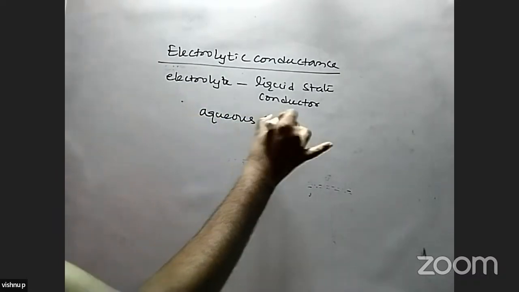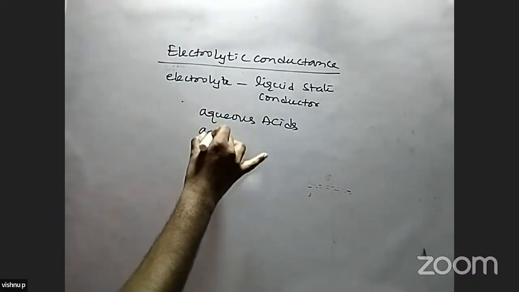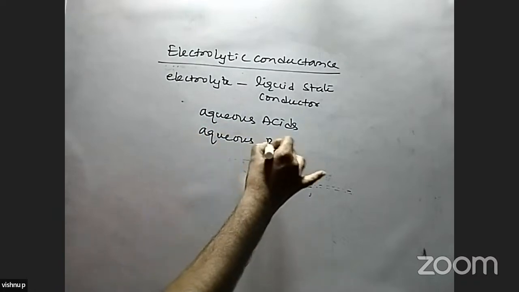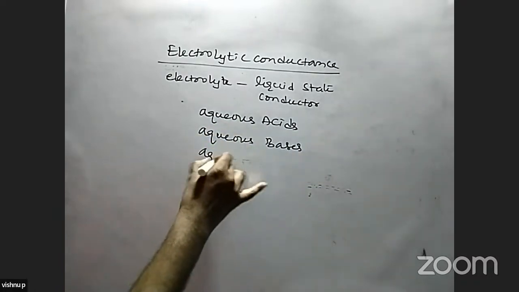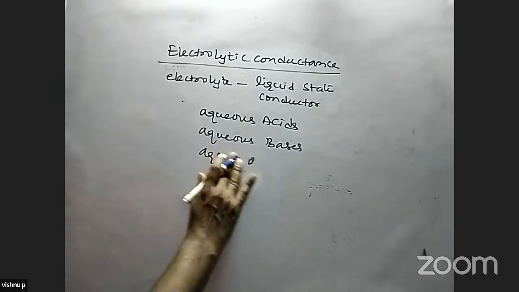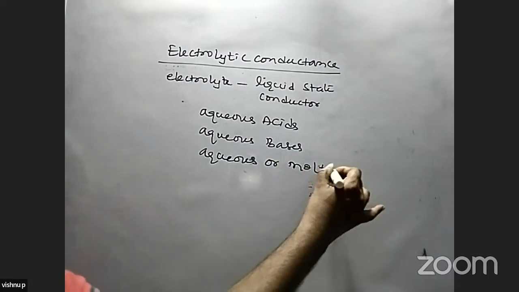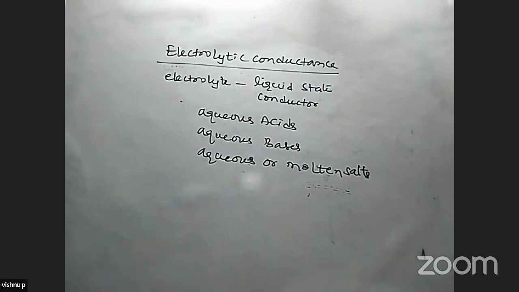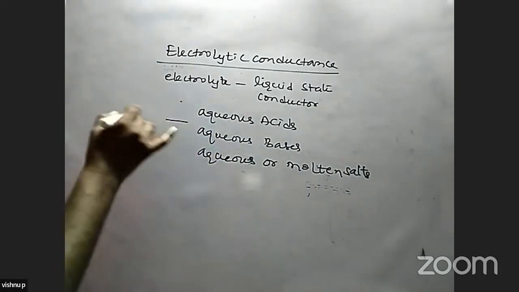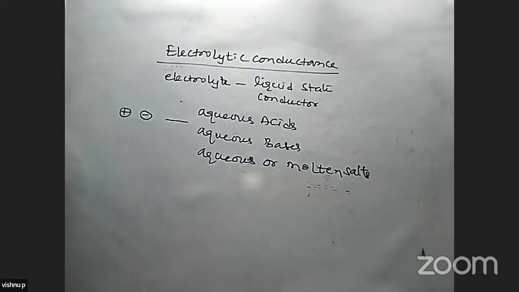Aqueous acids, aqueous bases, aqueous salts, or molten salts are examples of electrolytes. Here, positive and negative ions are formed. These positive and negative ions carry electrons in case of electrolytic conductors.